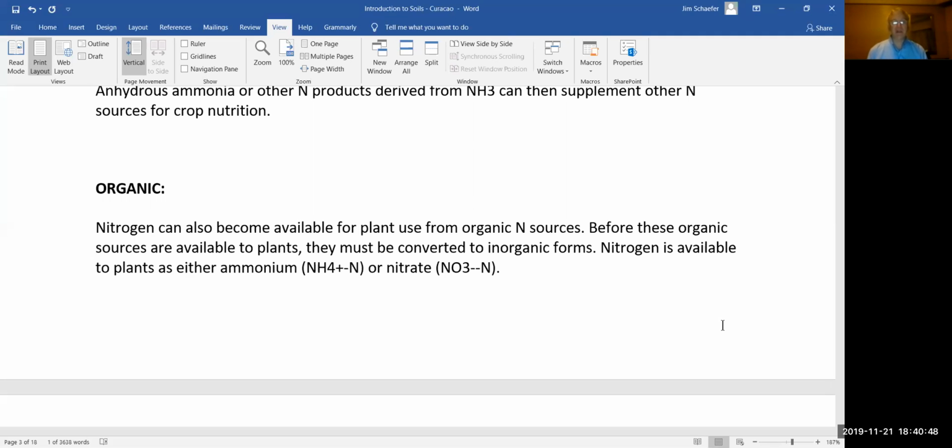Ammonia and nitrate are water-soluble molecular forms of nitrogen that a plant will take across the membrane of the root hair. And then those forms of nitrogen immediately enter the metabolic system or the physiological processes in the growing plant.